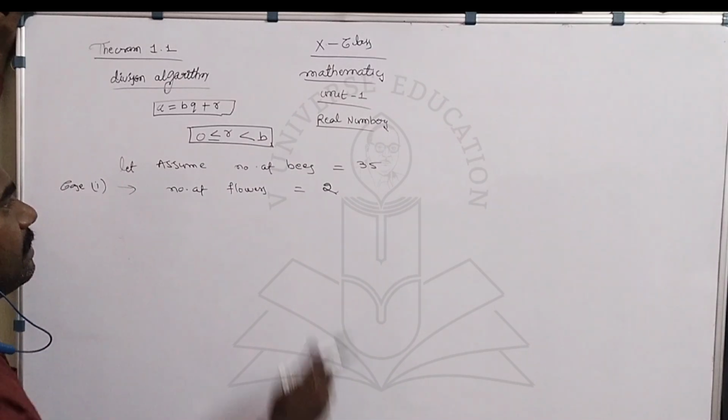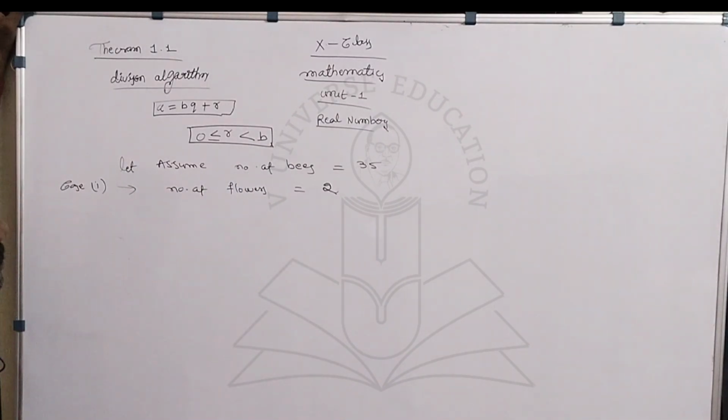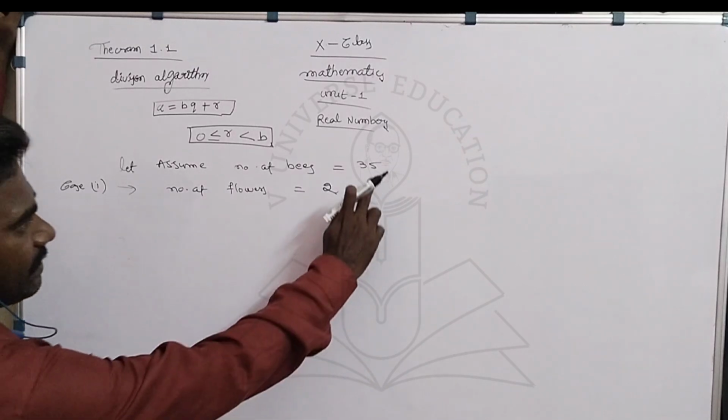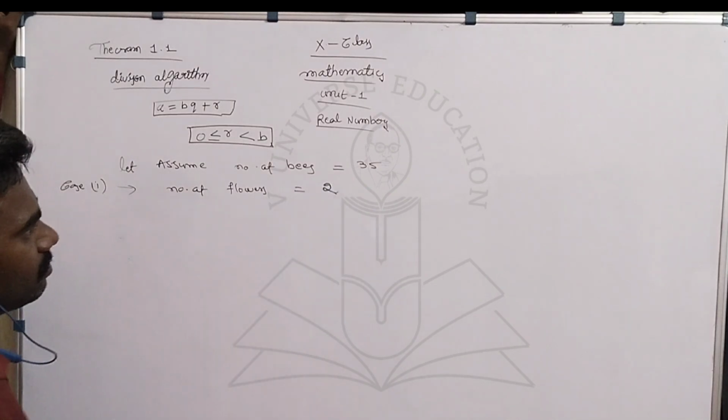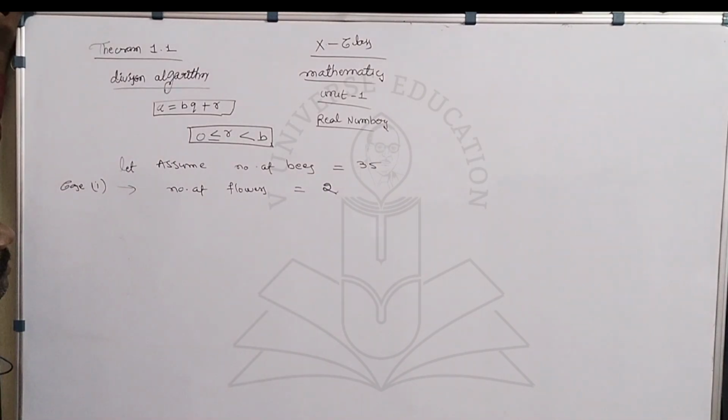Here 35 bees are there, only 2 flowers are there. So these 35 bees have to settle on the 2 flowers in equally divided groups. So equally divided into 2 groups.